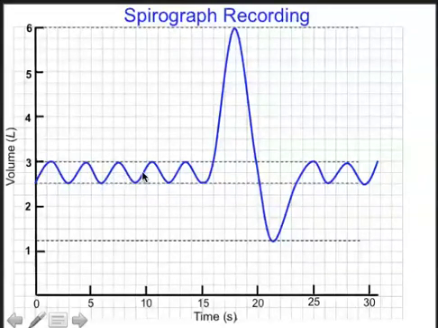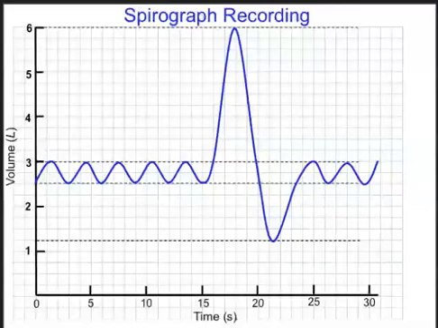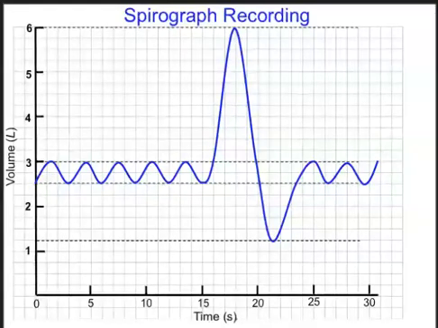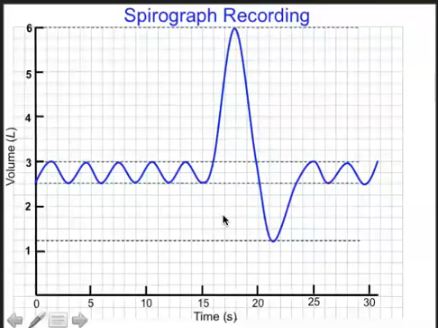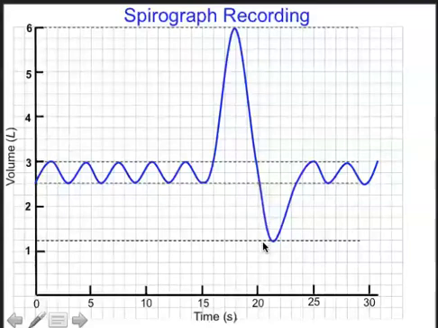500 milliliters. If we were to measure the expiratory reserve, we would measure the distance from the bottom of the tidal volume to this lower peak. So count the number of squares: 1, 2, 3, 4, 5.